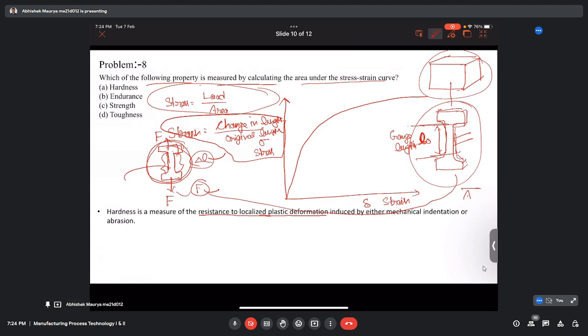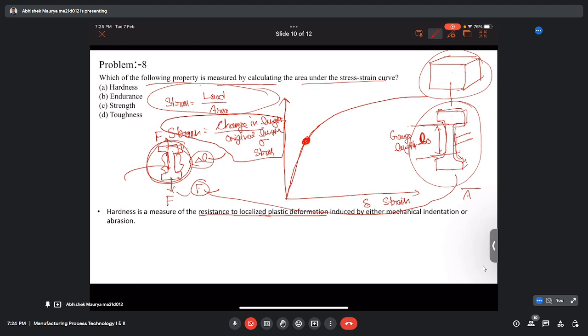Now from this curve there are different deformations we get. Till here, this is called the elastic region. Basically, what is happening here? The material is deforming elastically.